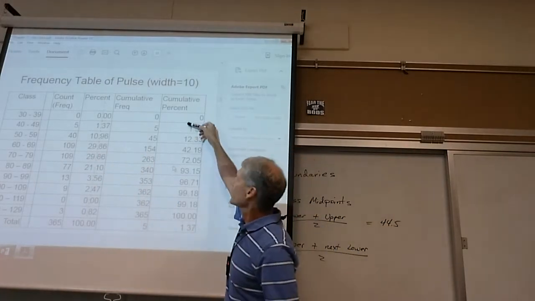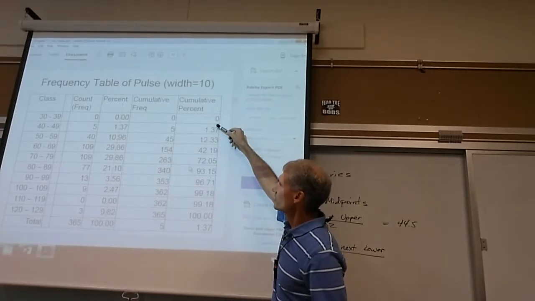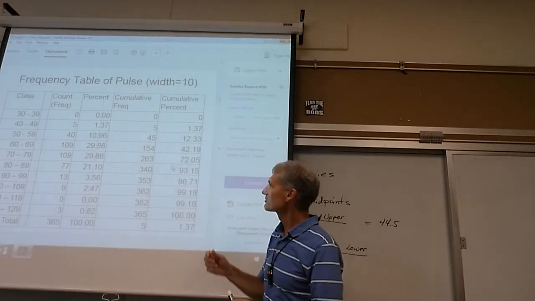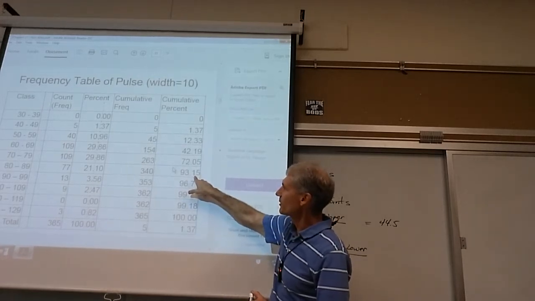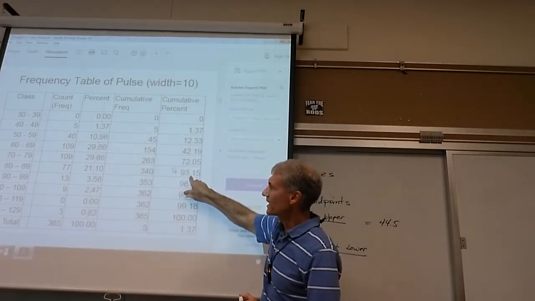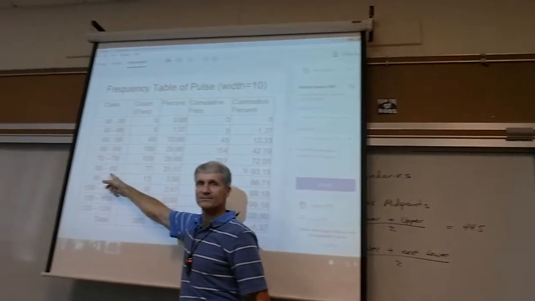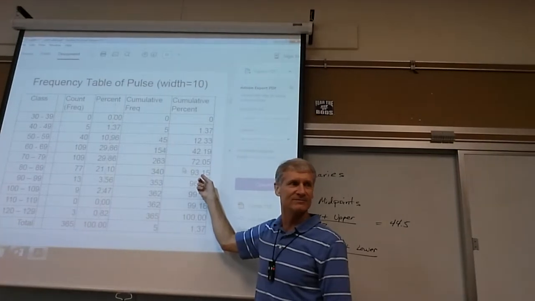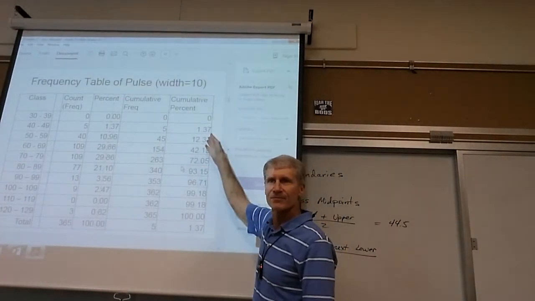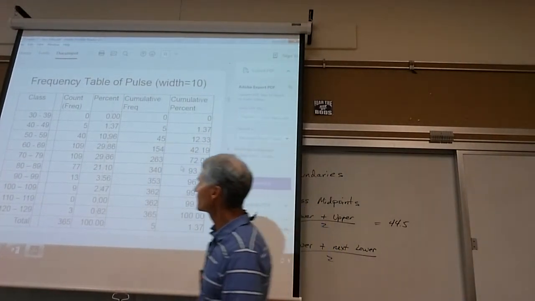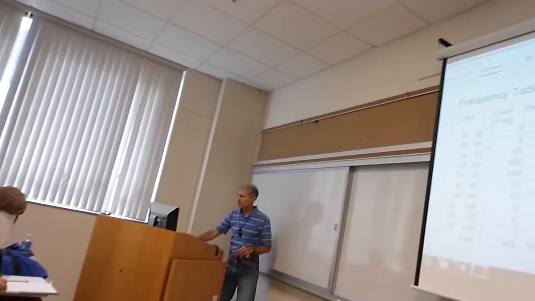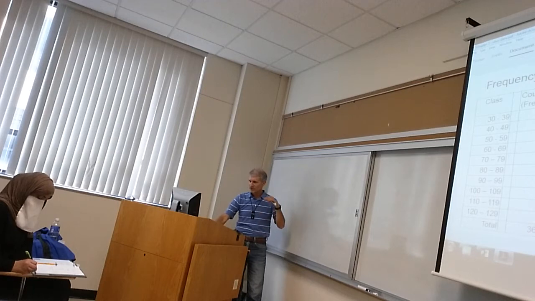Well, cumulative frequencies or cumulative percents let you see those, only not to nice round number, but 93.15% were at 89 or below. Right? So the 93rd percentile is 89. So you can use your cumulative frequencies and cumulative percents to look at it that way.